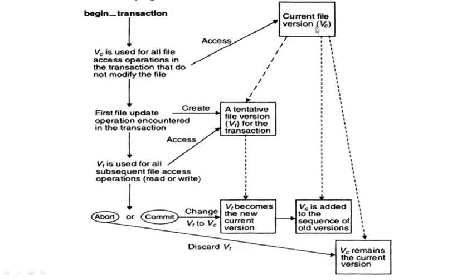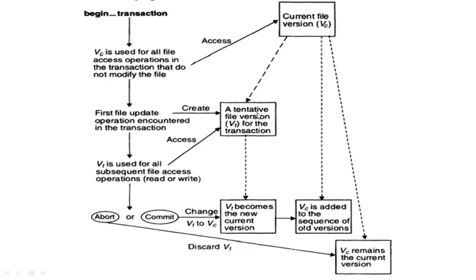The current file version is VC. This is accessed by the transaction. So VC is used for all the access operations, and after the first file update operation is approached, it creates a new version which is called a tentative version.